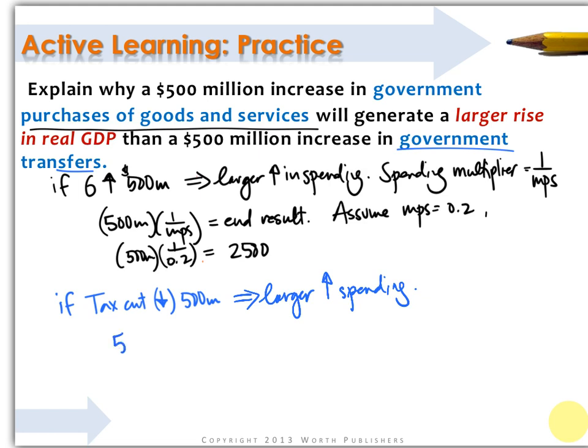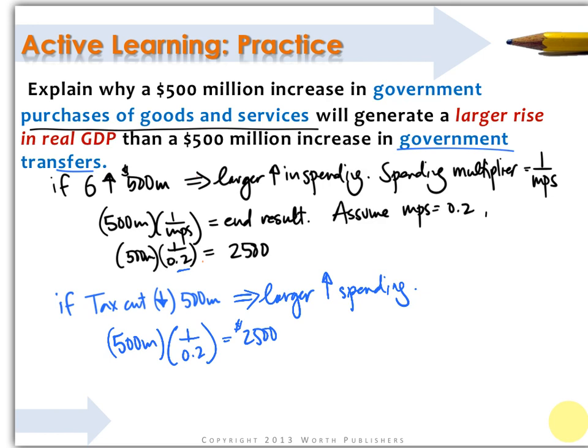If we have 500 million, and we know the spending multiplier is, in the same data here, 0.2, so this would be 5. You get 2,500, but remember that 2,500 really only hits the person's pocketbook and doesn't go directly into the economy.